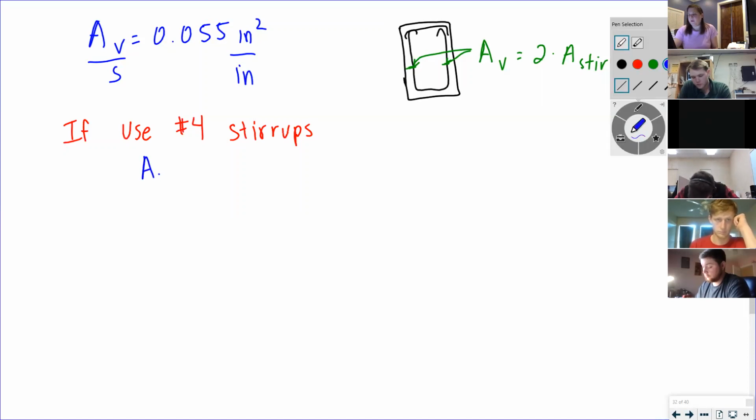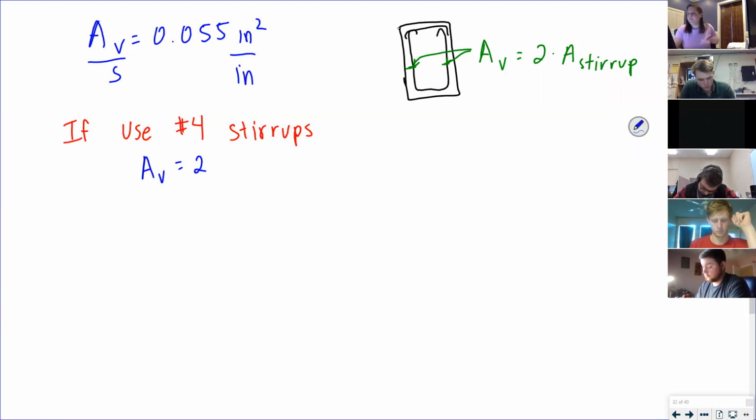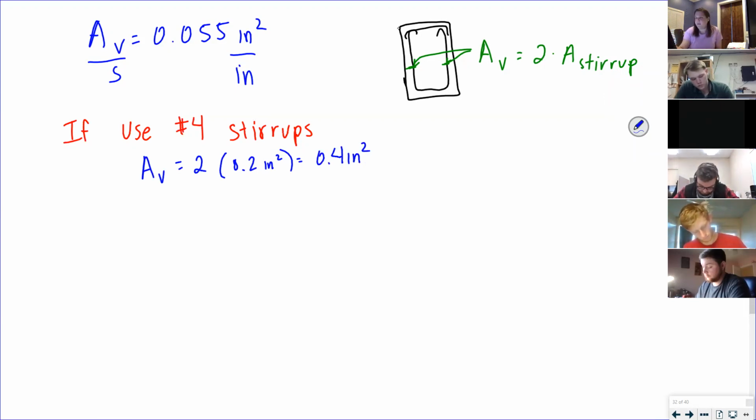My area of steel is 2 times the area of the number 4, which is 2 times 0.2, or 0.4 inches squared. And the spacing they would need is 0.4 inches squared divided by that Av over s.